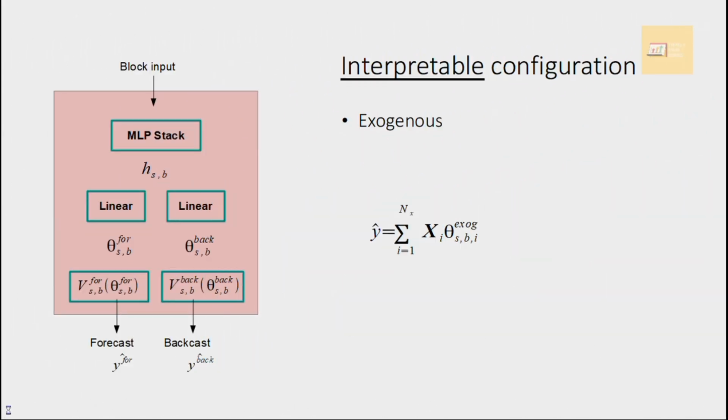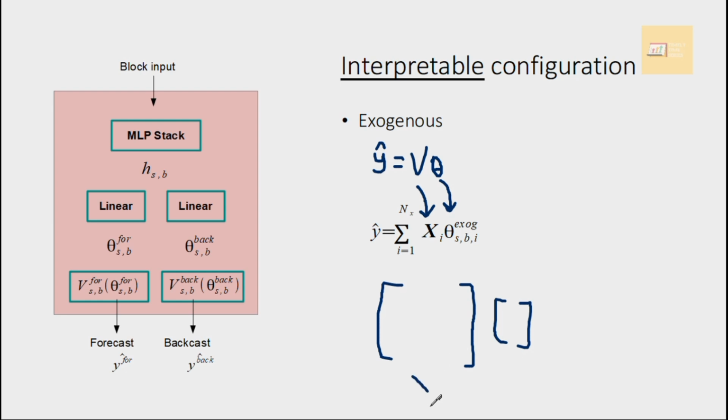Okay, and then the last basis function in this configuration is the exogenous. Again, let's say that y hat equals V times theta, and if the basis function is exogenous, then we can rename it to X, and the theta denotes the coefficients. So this is matrix X, and this is the theta array.